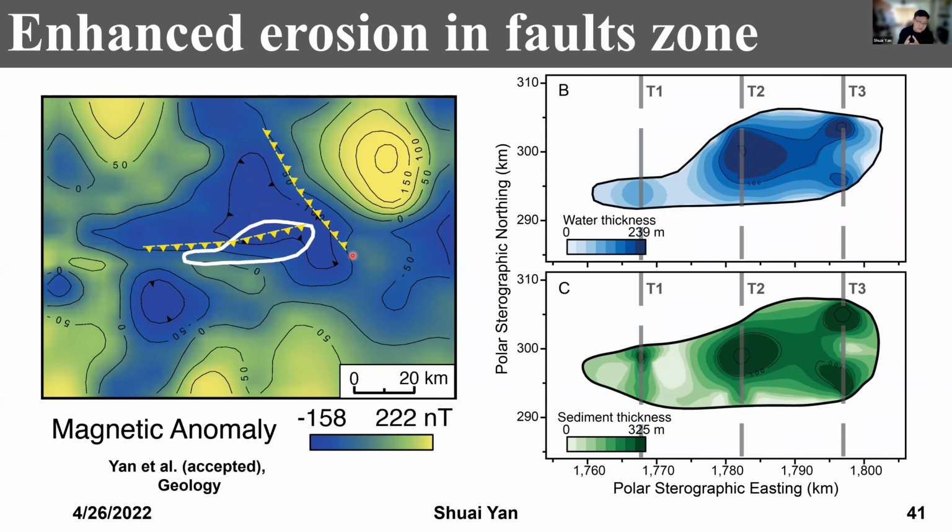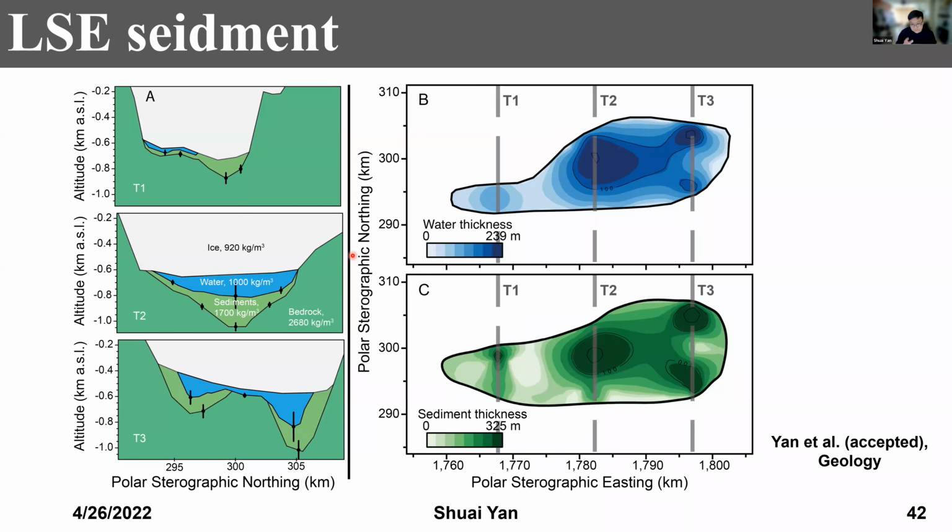So the water is there possibly because of this geologic framework, and the water stopped there because of this deep basin, because of this geologic framework. So altogether, essentially, it suggests an overall geologic control of such subglacial lakes. So that's about the water.